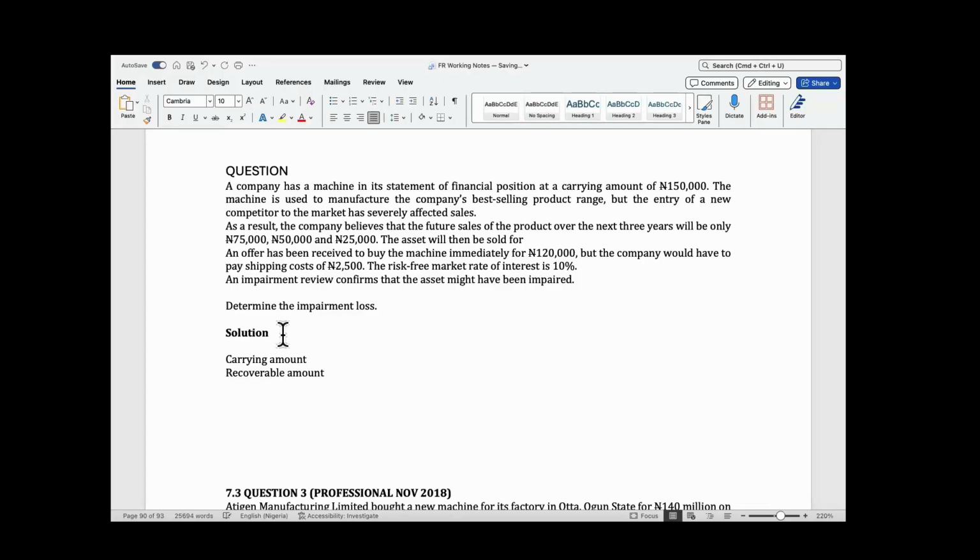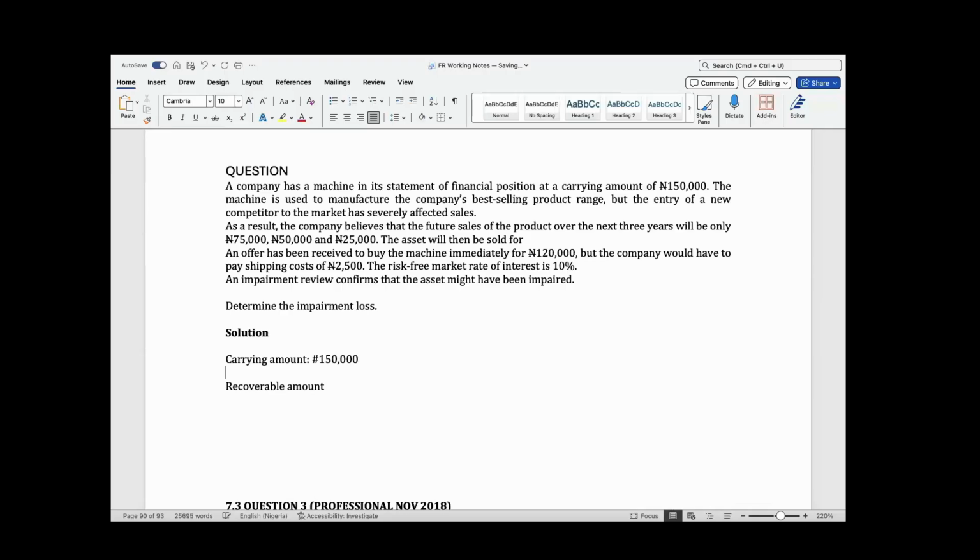So to get the carrying amount, I was given it directly. So I have 150,000 carrying amount, no stress. If they didn't give me, all I need is just my cost minus accumulated depreciation. And if there is any impairment loss that has been charged earlier, I'll deduct that as well to get my carrying amount.